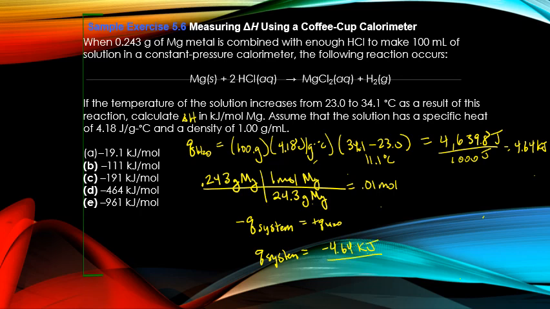And now I can divide that by the 0.010 moles for the magnesium, and I would get a negative 464 kilojoules per mole.